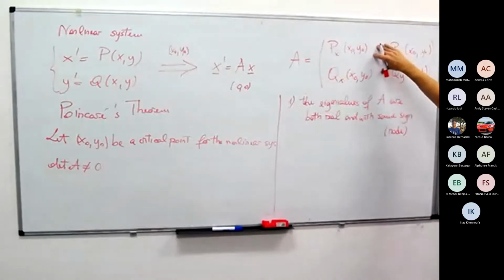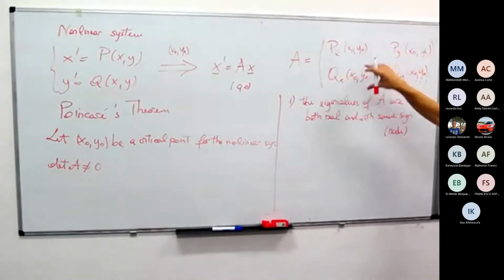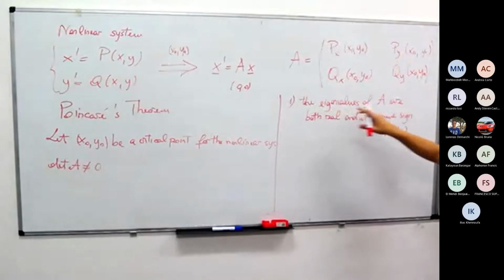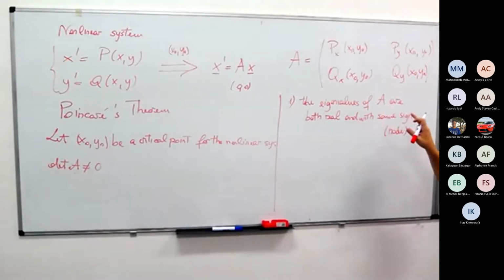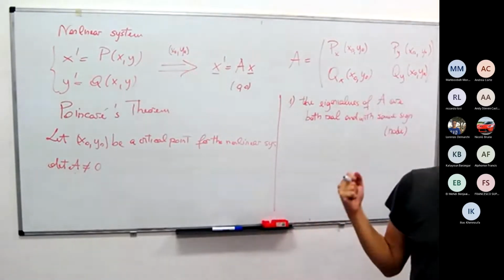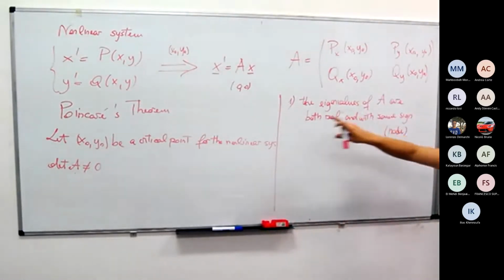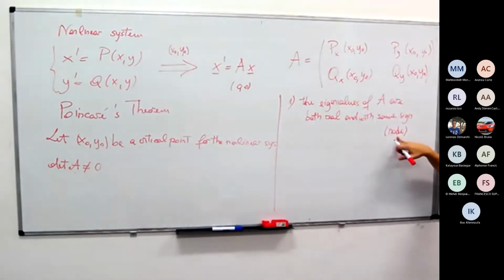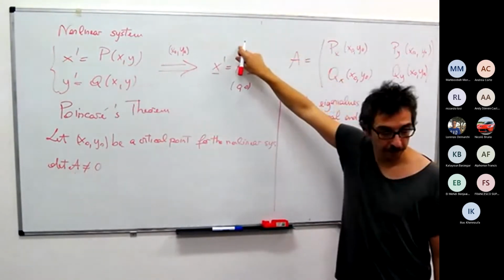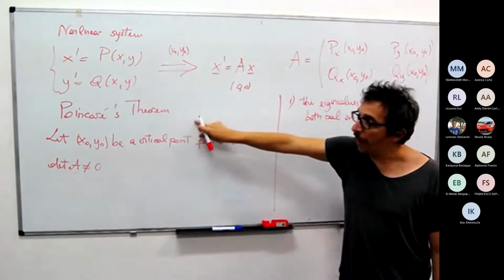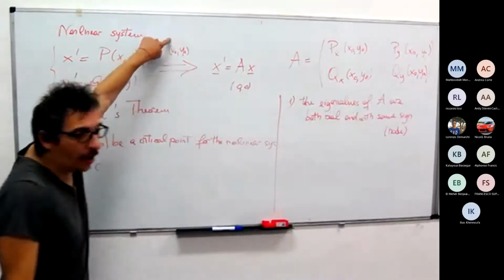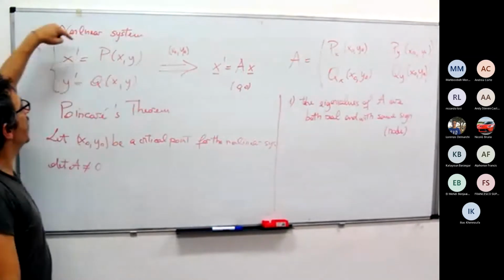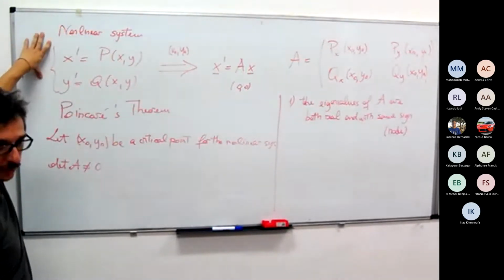Let me study the matrix A. The matrix A has eigenvalues which are both real and with the same sign. So I know from the analysis that I've done before that 0, 0 is a node of the linear system. Poincaré's theorem tells me that X naught Y naught will be a node of the nonlinear system.